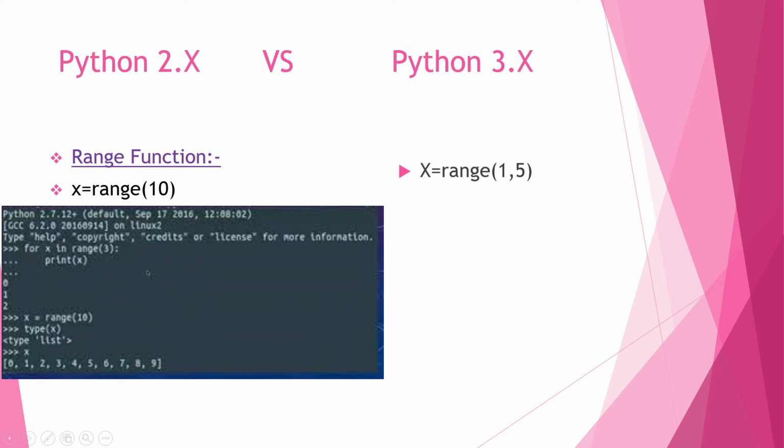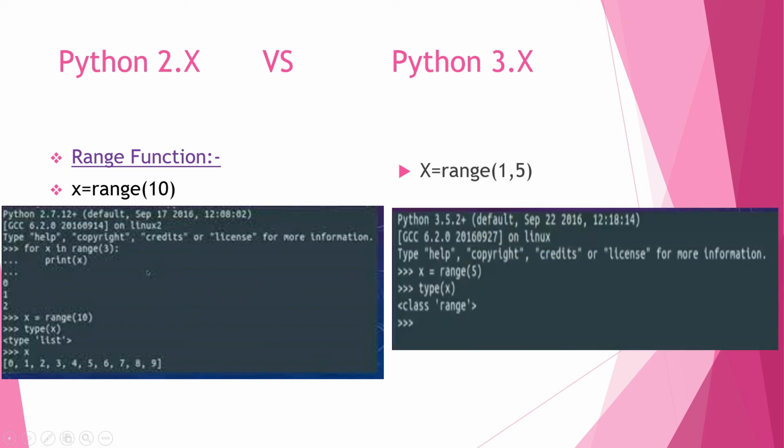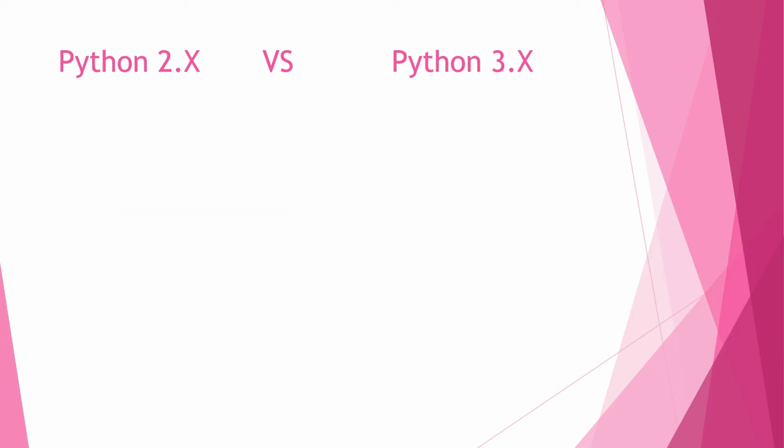So the type in the range function is list. In Python 3, when we check the type, it will return a range object itself. That means in Python 3 range is a range object itself.